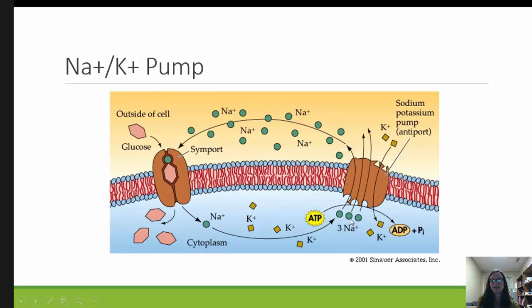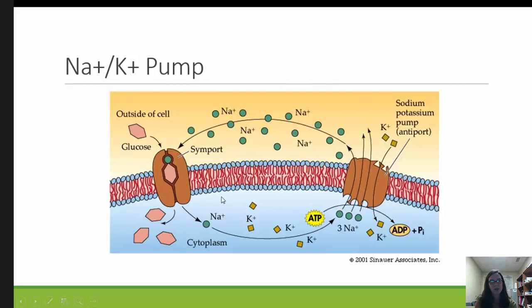So this ATP is being used to pump sodium out and potassium in, okay? This creates an even greater electrochemical gradient because the sodium is in such high concentration on the outside of the cell. Now, we can use this energy because the sodium wants to go into the cell.